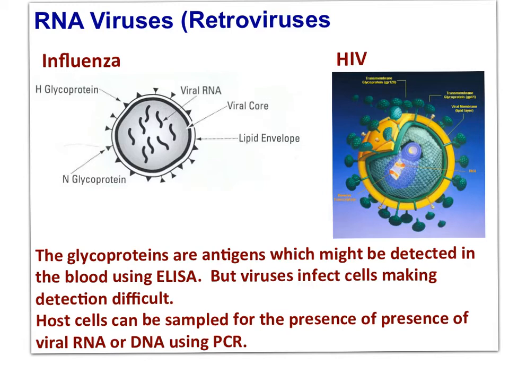The glycoproteins seen here on the surface of the influenza virus are the antigens that might be detected in the blood using ELISA. But remember, viruses get inside cells. They infect cells, making detection difficult. Host cells, infected cells, can be sampled for the presence of viral RNA or DNA using PCR.